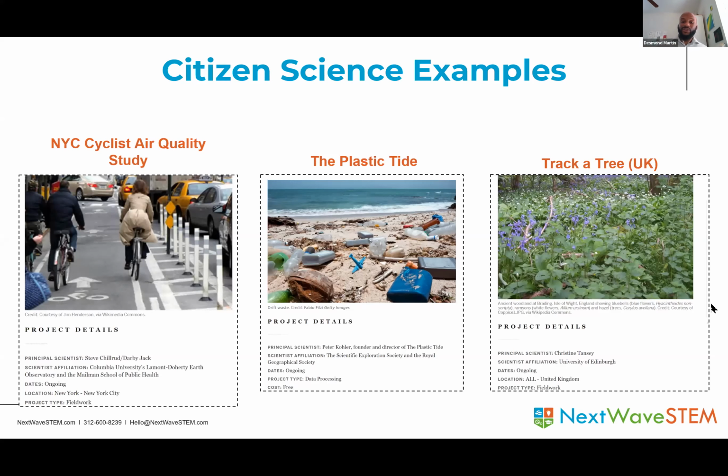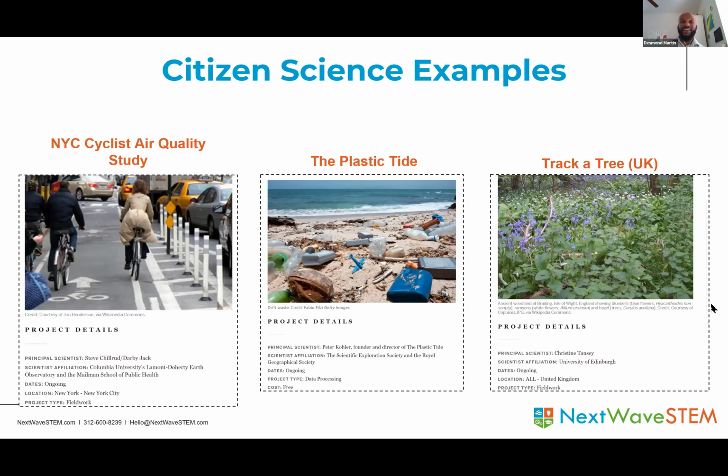And for students all over the United Kingdom, that's work they can do to speak specifically to their local flora in this case. But there is no reason why a similar citizen science example could not take place in any part of the world that has trees and has people and has a way to record and share information.